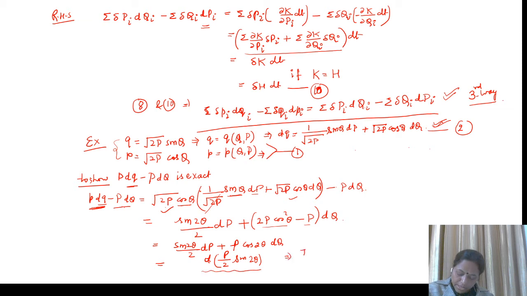This implies there exists a f. What is this f? P by 2 sine 2 theta. Therefore, this expression is exact. So transformation is canonical. So this is one way of proving transformation equations to be canonical.